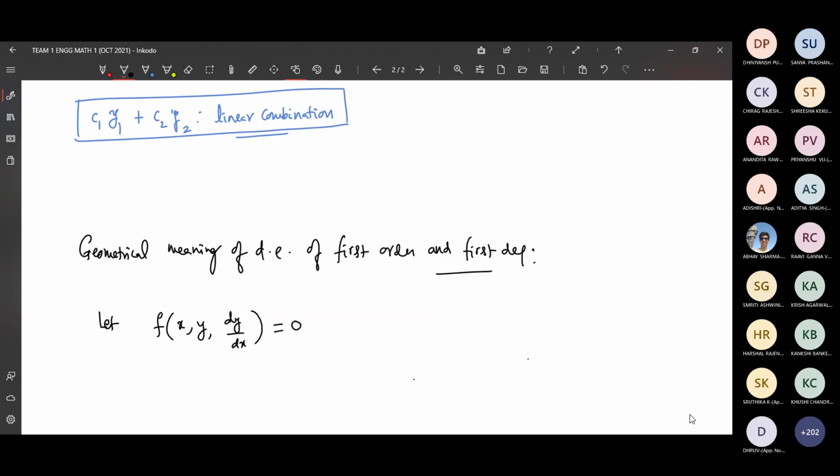It involves the independent variable x, the dependent variable y, and its derivative, and it appears in first order and first degree. So this is the differential equation of first order and first degree. I will denote this as equation 1.